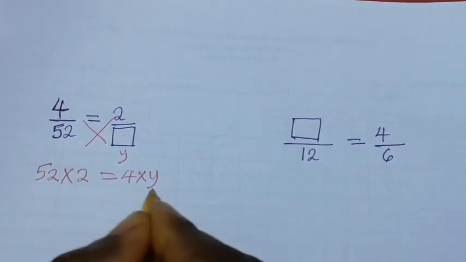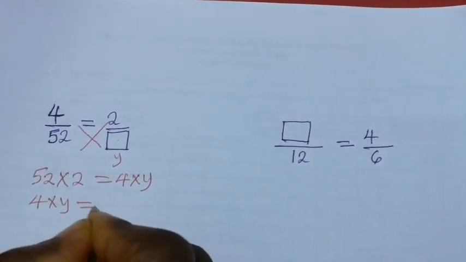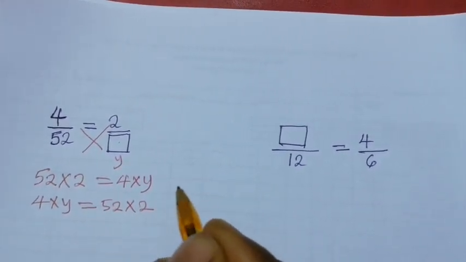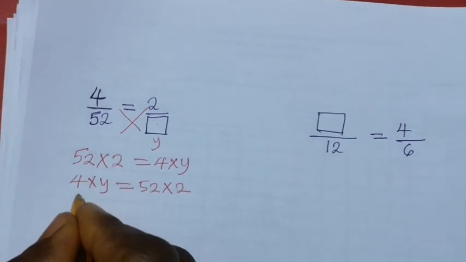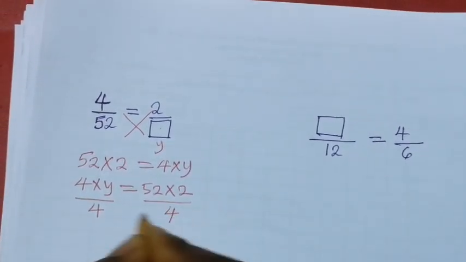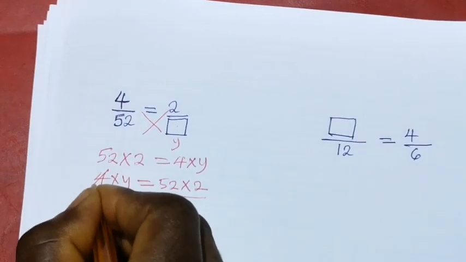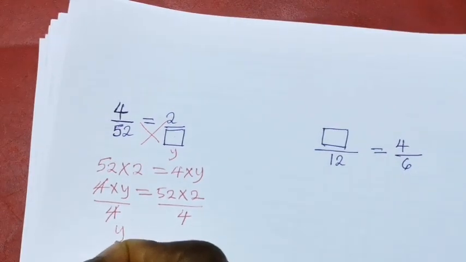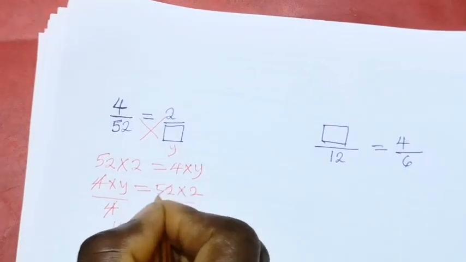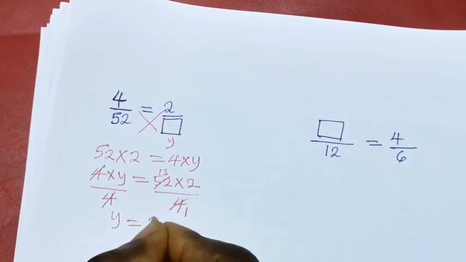Let me exchange this so that I will have 4 times y is equal to 52 times 2. Now, since I am looking for y, I will divide both sides by 4 so that I can remove this 4 so that only y can stay here. So let me cancel 4 and I will have y is equal to 4 here is 1, 4 here is 13, 13 times 2 is 26.